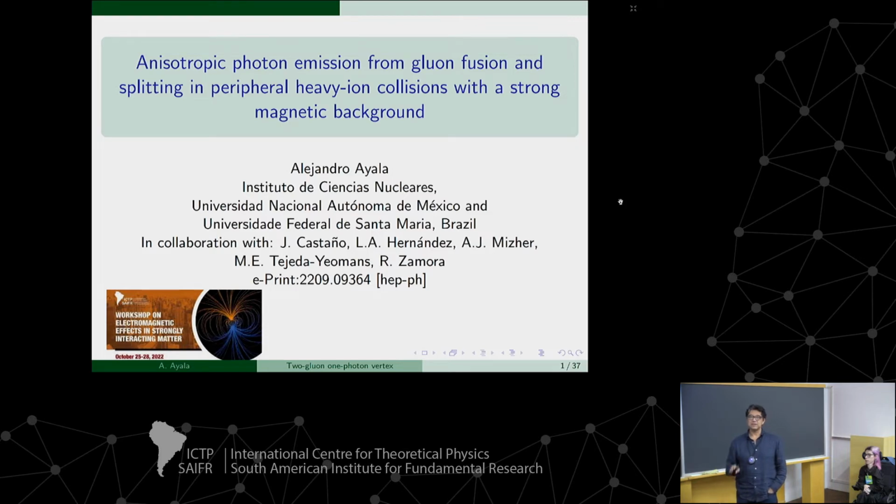In particular, the flow coefficient V2 and the yield seem not to be simultaneously describable. So this calls for some new ways of thinking about this observable. And what we've been thinking about during the last years is that perhaps the presence of large intensity magnetic fields could help to understand these properties.